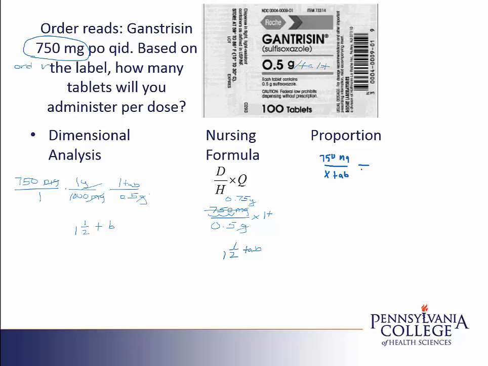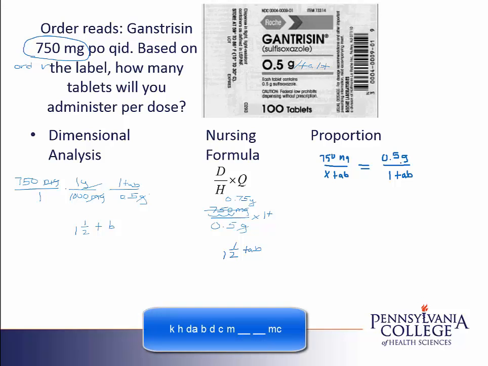I put an equal sign, and I try to use the strength of the med, which is 0.5 grams per 1 tablet. I don't have a true proportion because the labels don't match. Milligrams on the top of the left-hand side, grams on the top of the right-hand side.